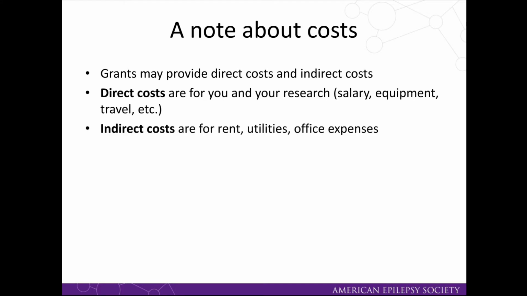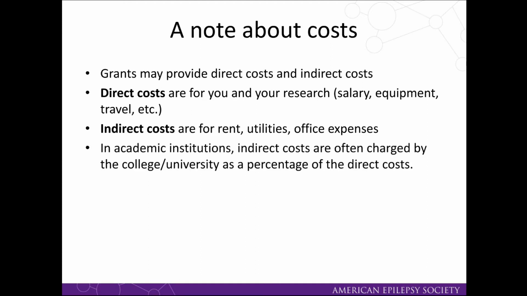There's also a bunch of indirect costs, and those are things like rent, utilities, office expenses, etc. Often this pays for administrative staff. These indirect costs are critical for your organization, even if they're sometimes invisible to you as the researcher. And so it's important to keep these in mind.